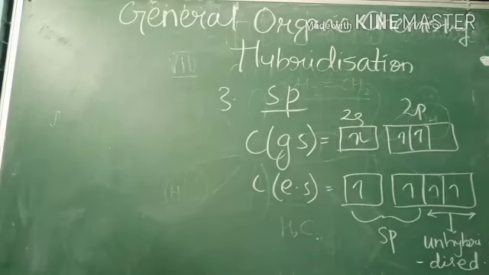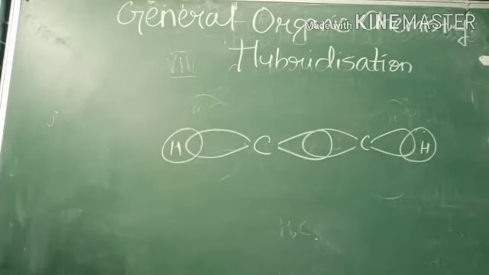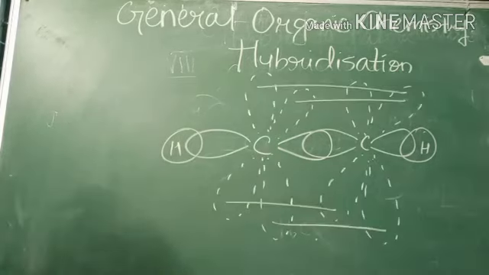Now we are going to see a structure which involves sp hybridized carbon. Here I have drawn 2 carbons forming one sigma bond at the center, that is C sigma bond C, and at both ends there is a C sigma bond H. Now we are going to draw the 2 unhybridized orbitals with a dotted line, just to avoid confusion.